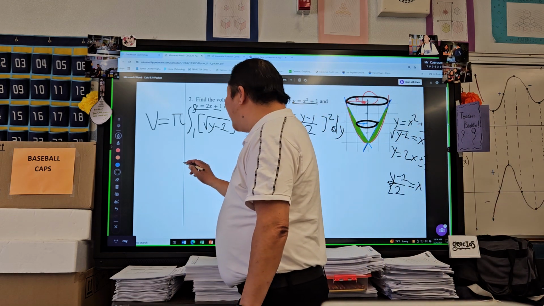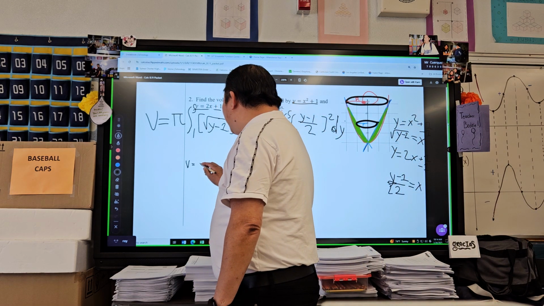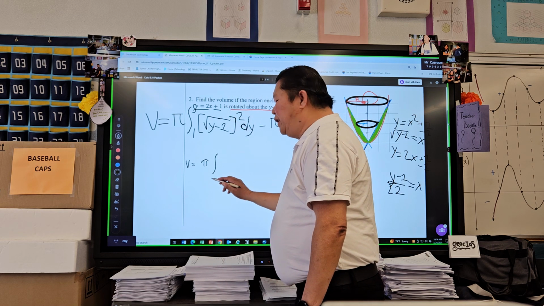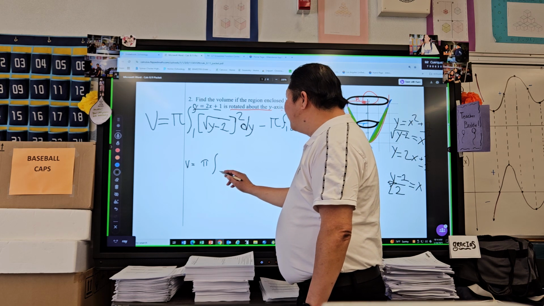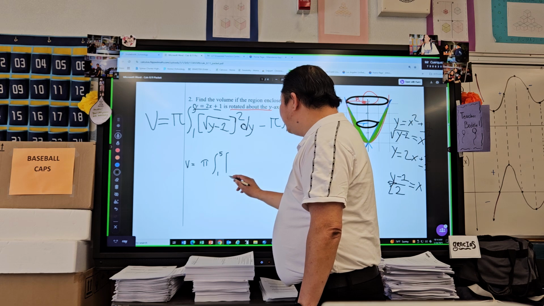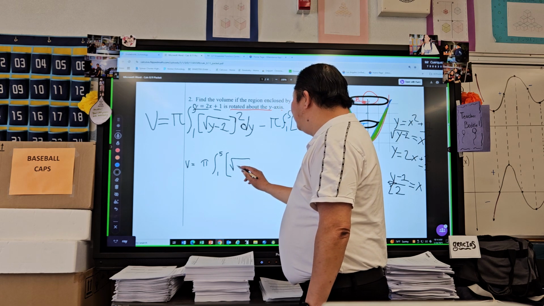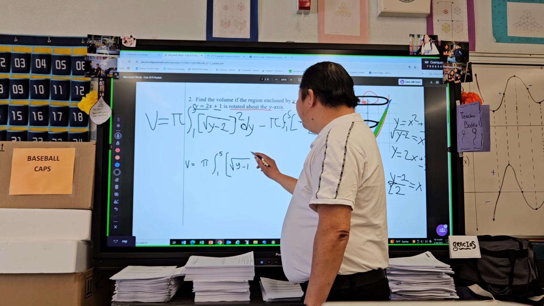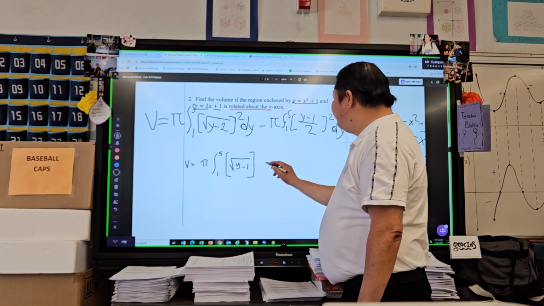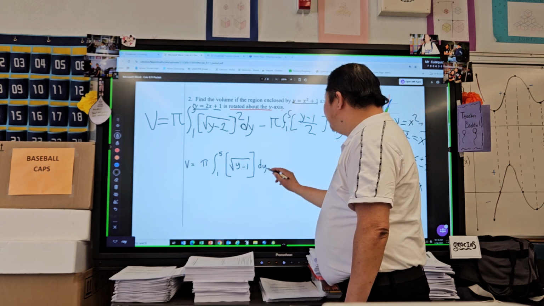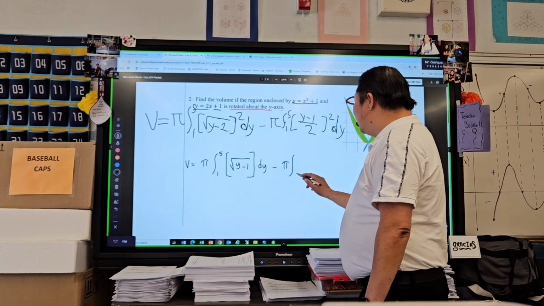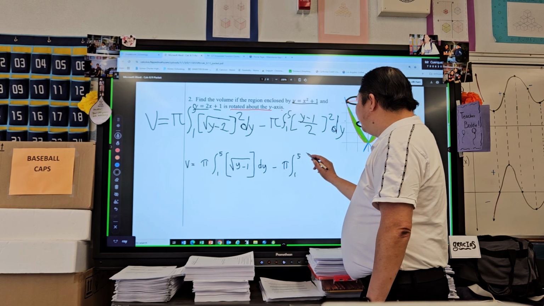So I'm gonna rewrite for you to see it clearly. The volume is equal to pi, the integral from 1 to 5, square root of y minus 1 dy, minus pi the integral from 1 to 5.